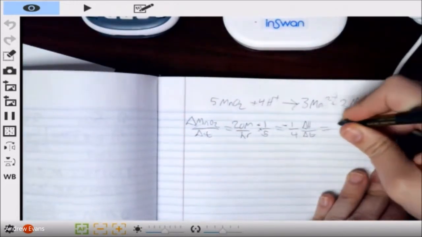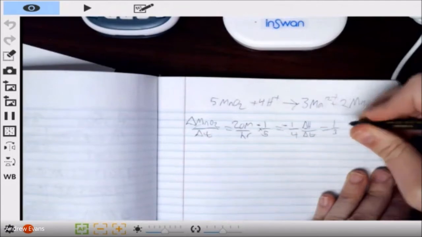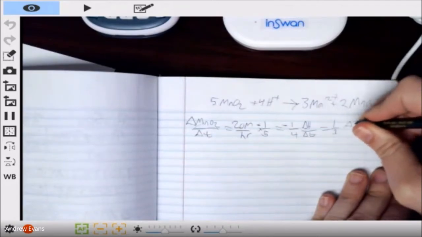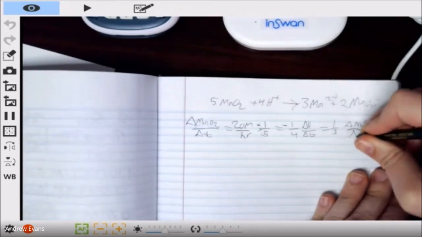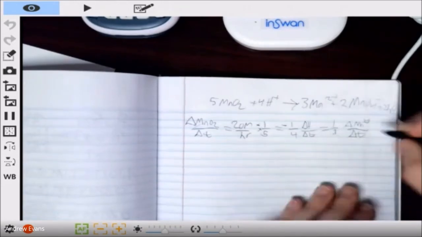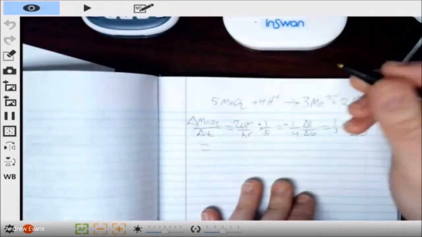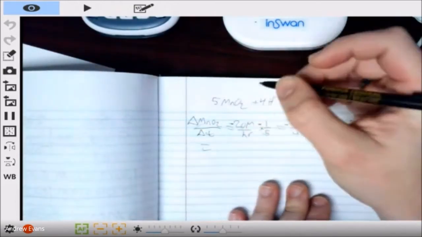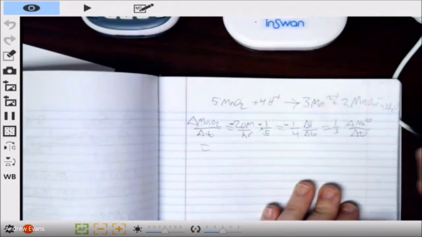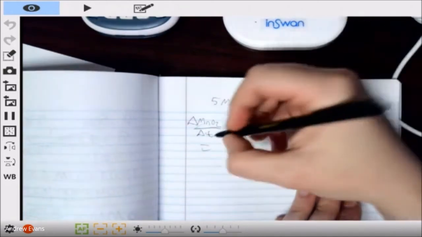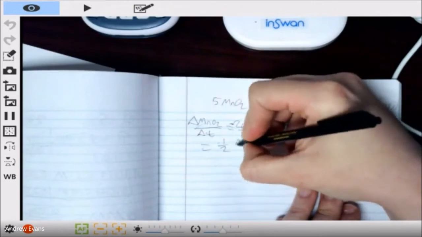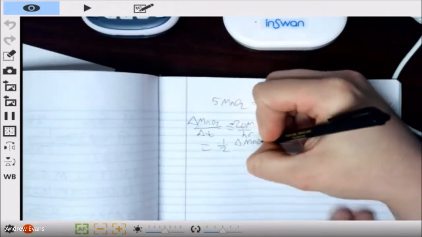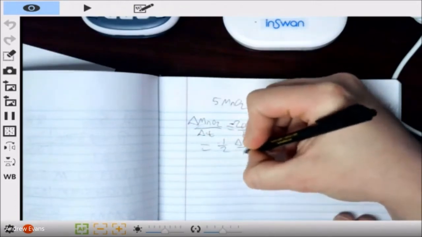We look at manganese, 1/3 delta for the manganese over delta T. And if I continue going there, so we lose 20 an hour. And 1/2 delta permanganate over delta T.